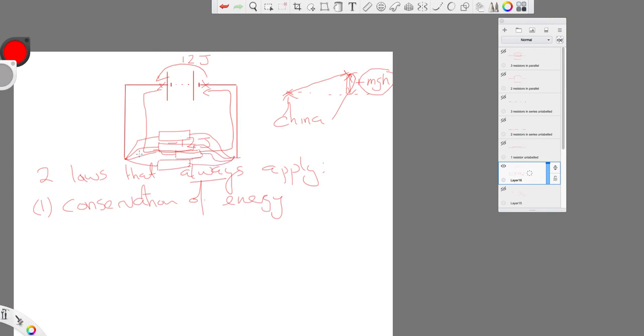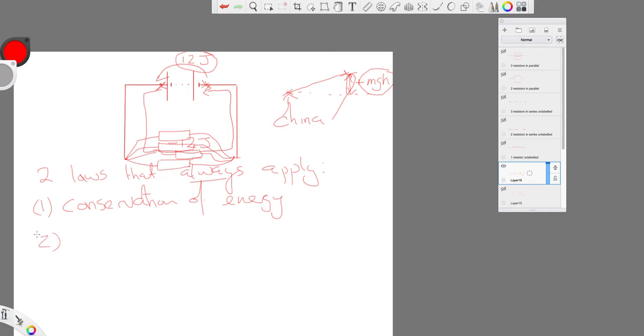If we had 4 different paths going from here to here, you would still drop your 12 joules for every coulomb. That's a really important point. We'll come back and explore that a little later.